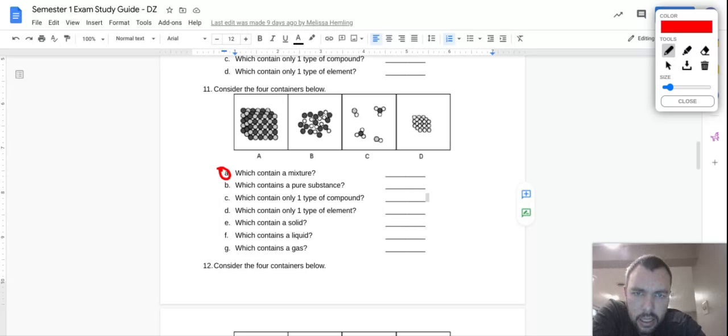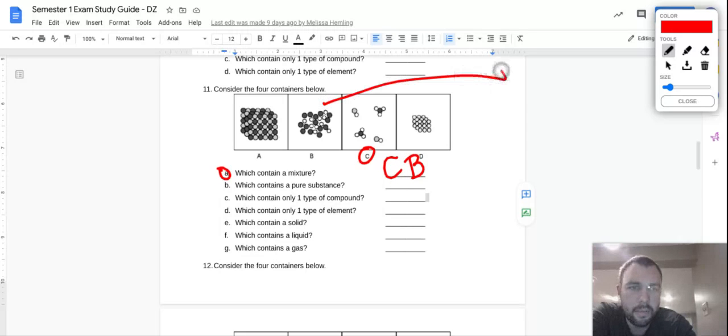It is somewhat tough to tell. I would say C is a mixture for sure. And I'm going to call B a mixture also. So B and C. The reason I'm going to call B a mixture, it's kind of tough to tell, but it looks to me like we have this particle where we have a dark circle and a light circle connected, but some of them don't have a light circle connected to them.